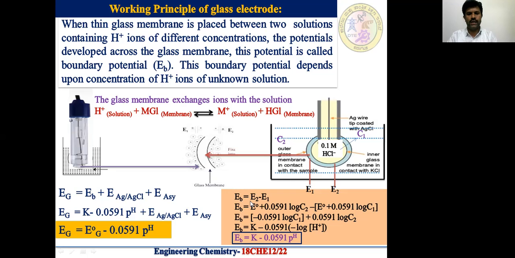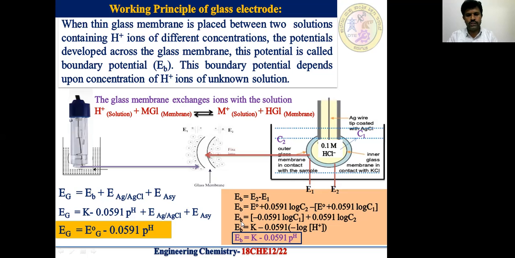The boundary potential is equal to E2 minus E1. So EB is equal to the value of E2, according to the Nernst equation for a single electrode, E0 plus 0.0591 log C2, minus E1, that is E0 plus 0.0591 log C1.